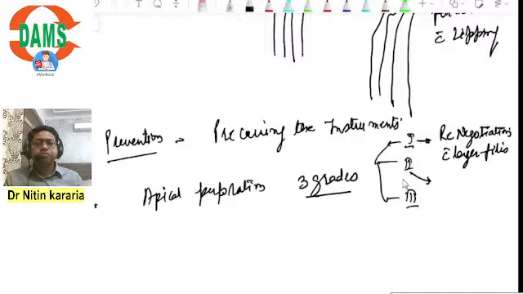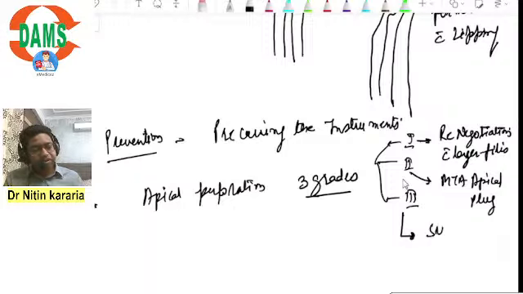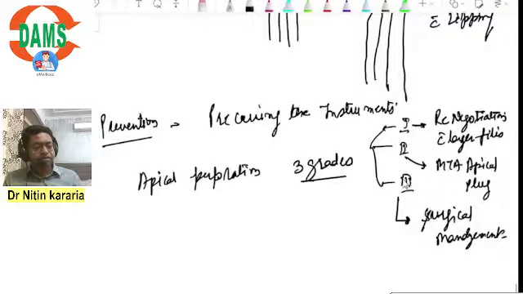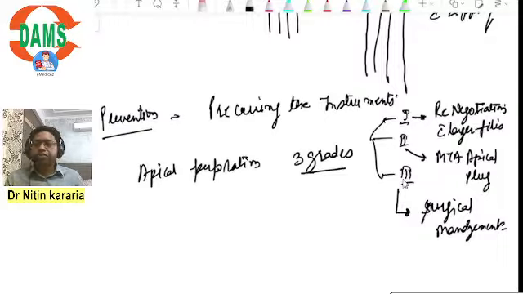Type 2 or grade 2 perforation requires MTA apical plug. And the most severe form is type 3, which requires surgical management. Okay, 3 types of apical perforations and their treatment methodologies.